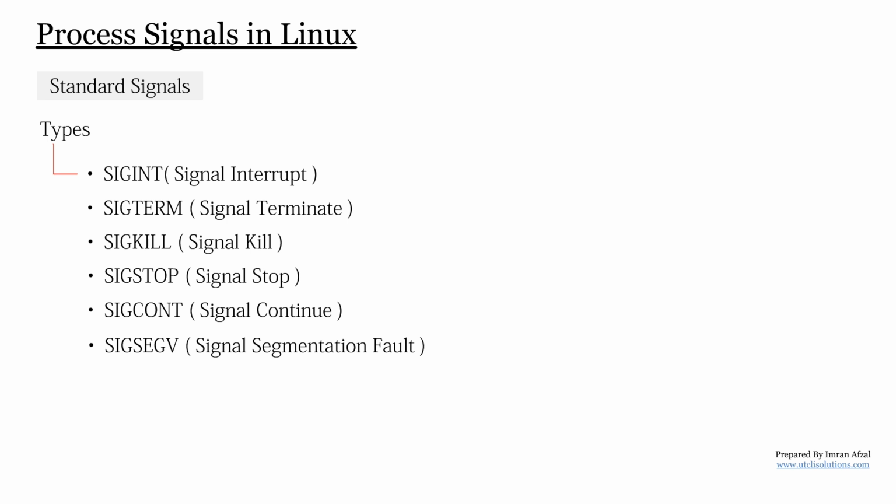Apart from these, there are many other standard signals as well, but these are the most important ones. Once you understand these signals, it will become easier to understand the rest of the signals. All right, let's discuss each of them one by one.